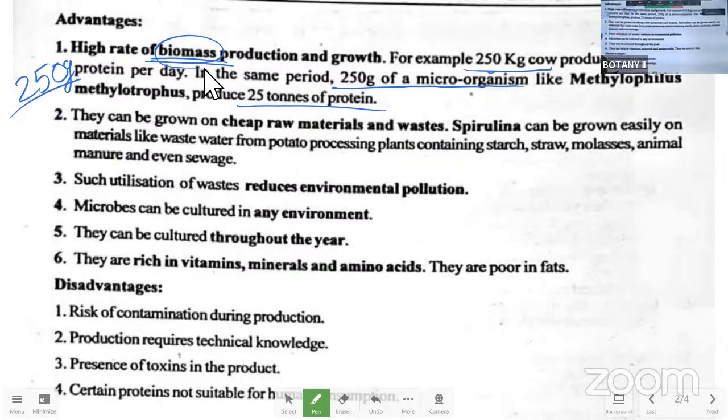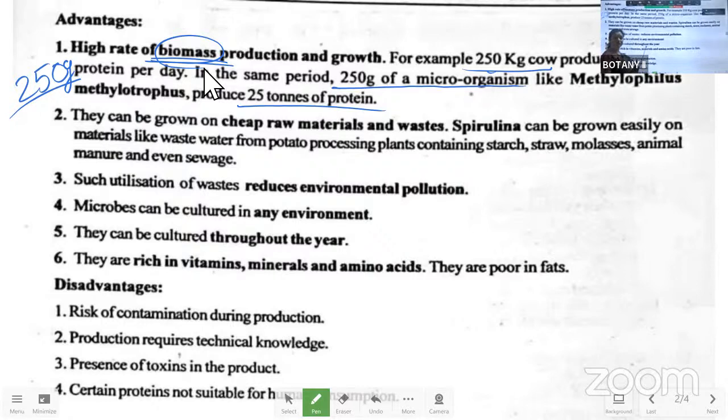So by using these microorganisms, we can produce a large quantity of proteins in a short duration. You can write it like this, a common sentence, a very easy sentence that we use in regular life. If you don't remember the weight of a cow and the proteins per day, leave it, it is not at all important.